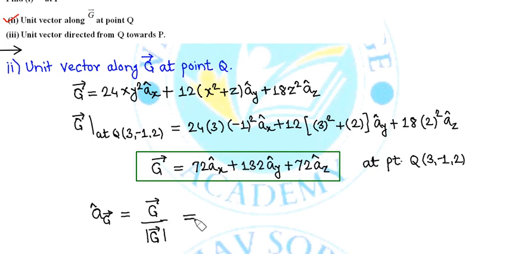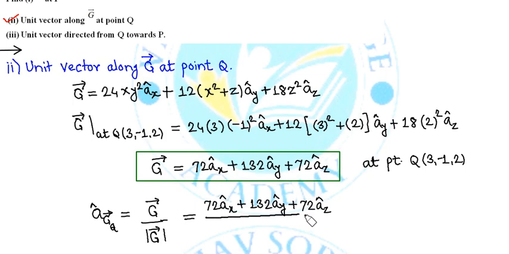Now we have the vector G at point Q. So this value we are going to put. Your vector G at point Q is 72 ax cap, that we have found just now, plus 132 ay cap plus 72 az cap.